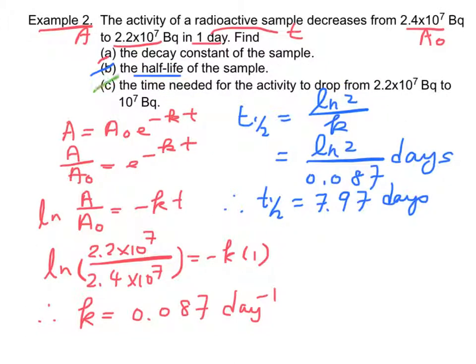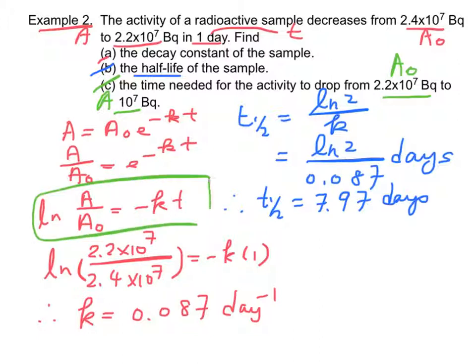Part C. Let A lot equal to 2.2 times 10 to the power 7 and A be 10 to the power 7. Again, we apply the equation log A over A lot equal to negative KT.